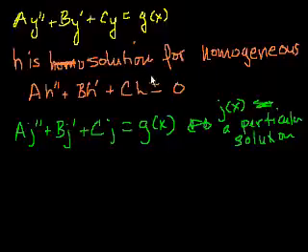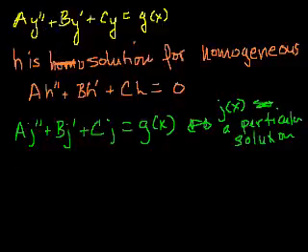And before I do it mathematically, what's the intuition? Well, when you substitute h here, you get 0. When you substitute j here, you get g of x. So when you add them together, you're going to get 0 plus g of x here. So you're going to get g of x here, and I'll show you that right now. So let's say I wanted to substitute h plus j here.